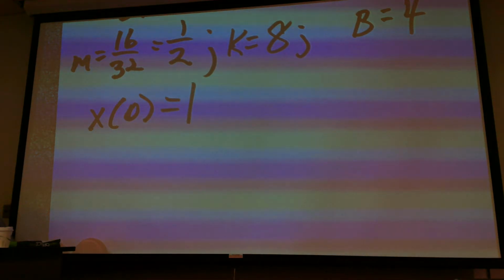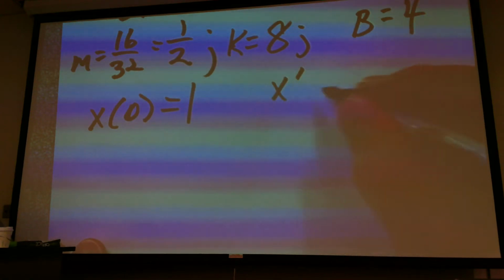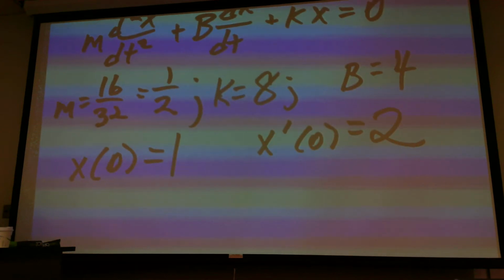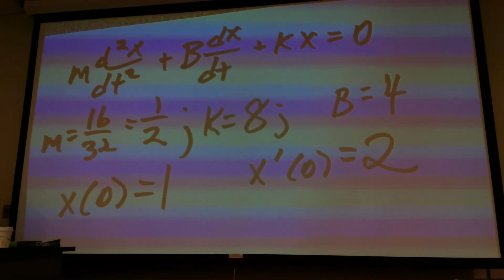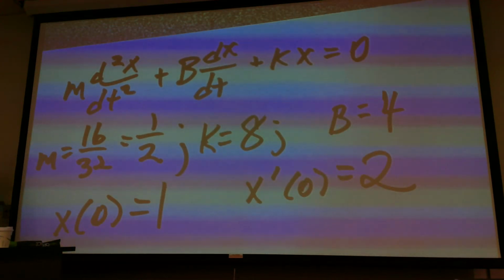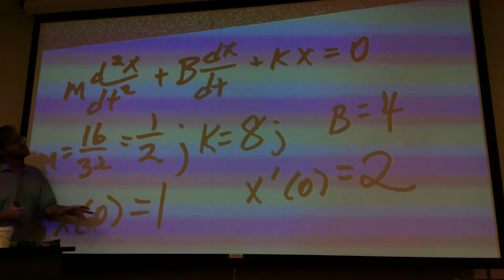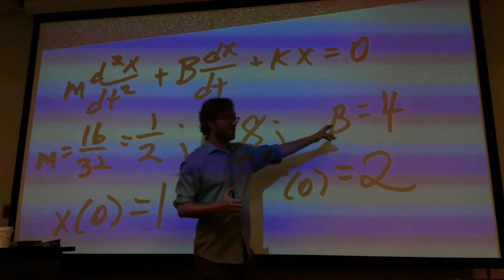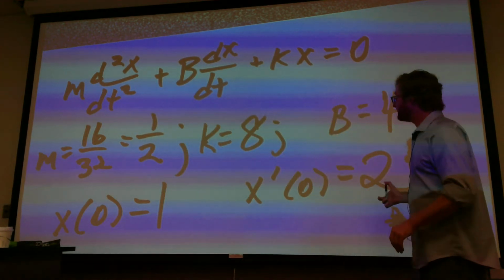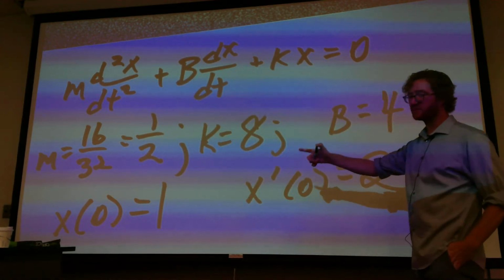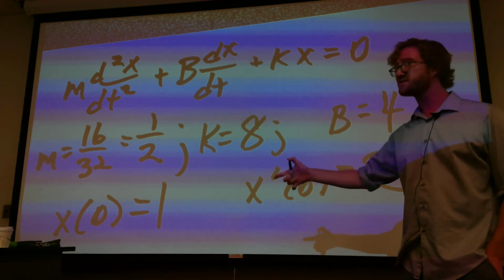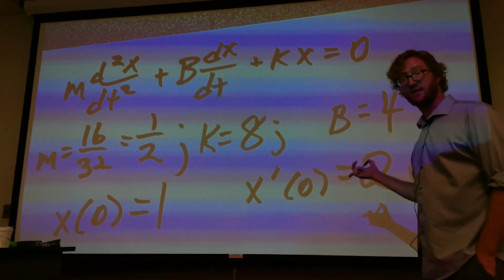And it's released with a downward velocity of 2 feet per second, so x prime of 0 is going to equal 2. This is all the information given: the mass, the spring constant, the beta of the damping effect, and the initial position and initial velocity of the mass.